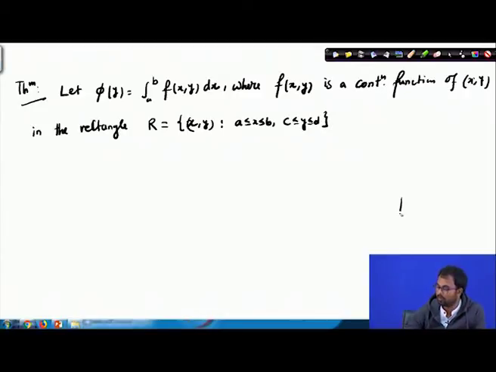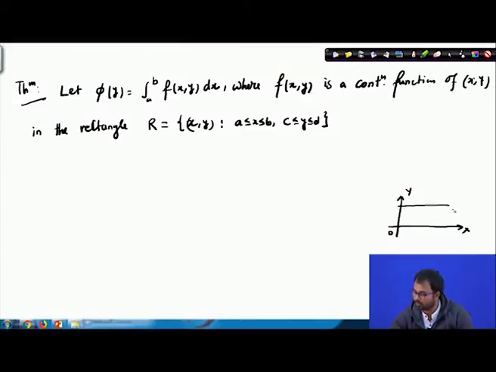So, that means we have a rectangular domain of this type where the function f is defined.